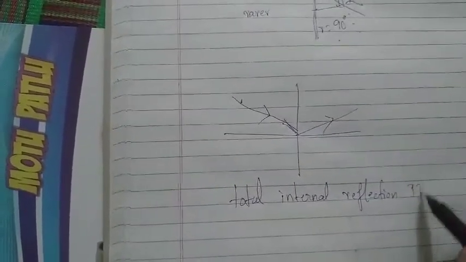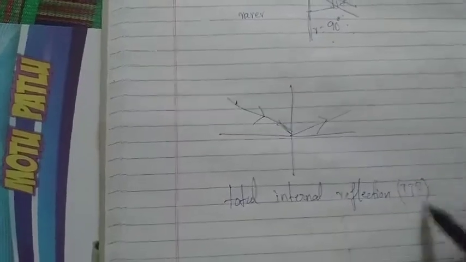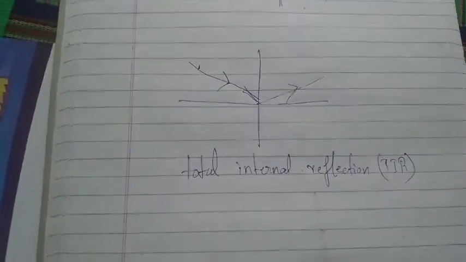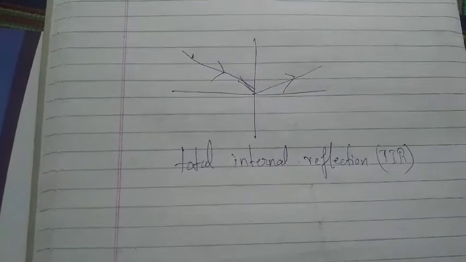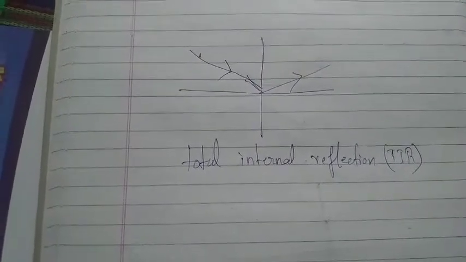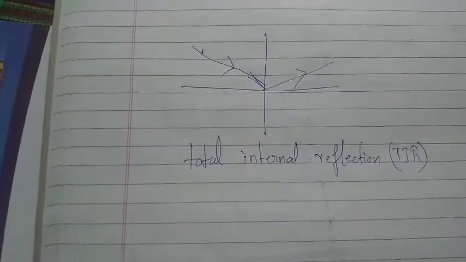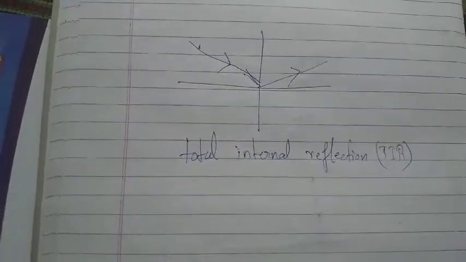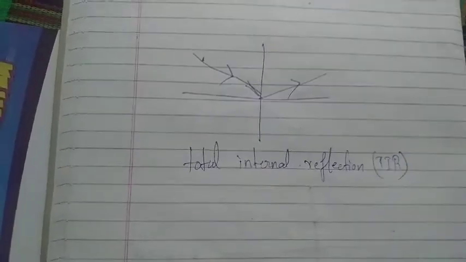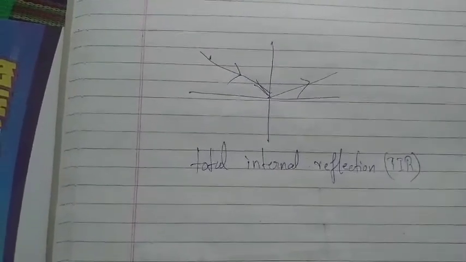In short, TIR, total internal reflection. This is a special effect that you usually find in the case of refraction. This total internal reflection also has some applications in our daily life.